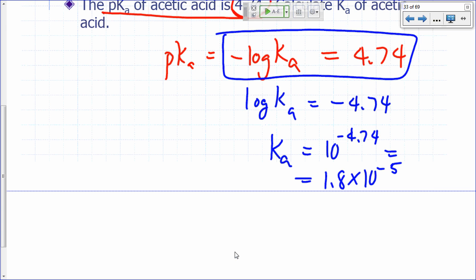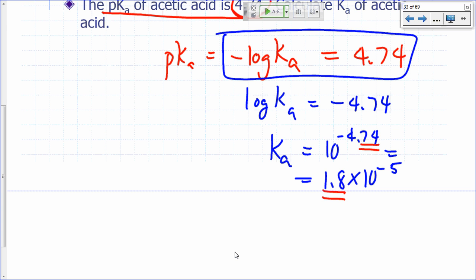When you are taking the antilog, the number of decimal places corresponds to the number of significant figures in the antilog. And if you're going the other way, if you're taking the log of something, then the number of significant digits in the original number must be the same as the number of decimal places in the log.